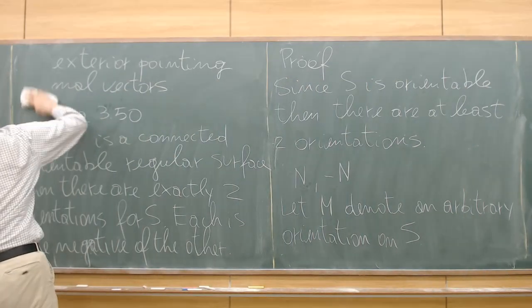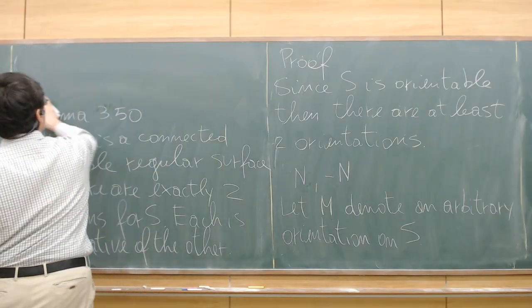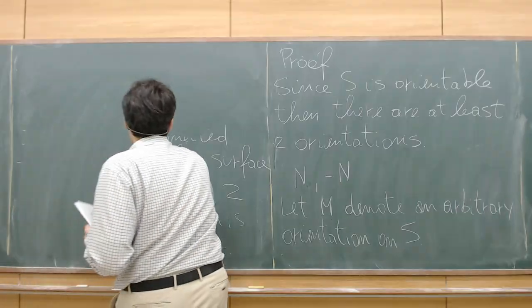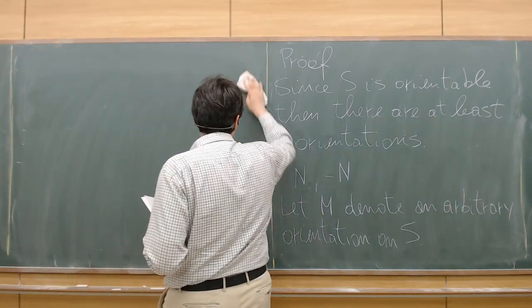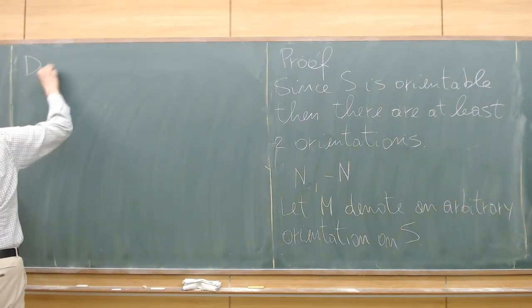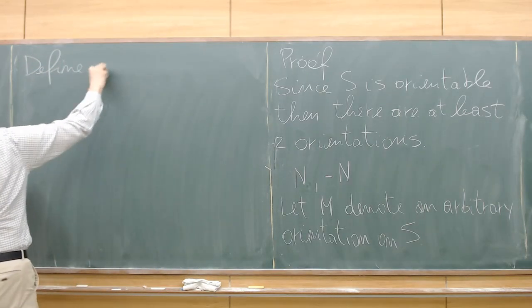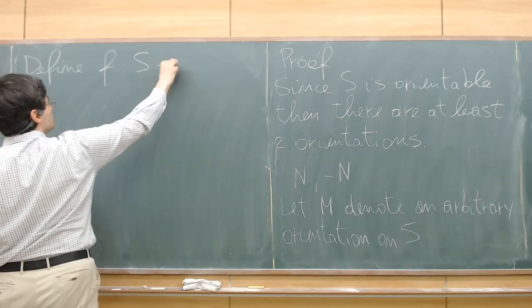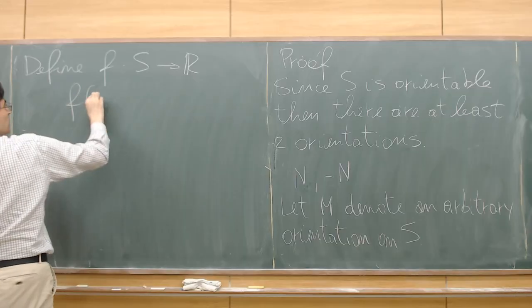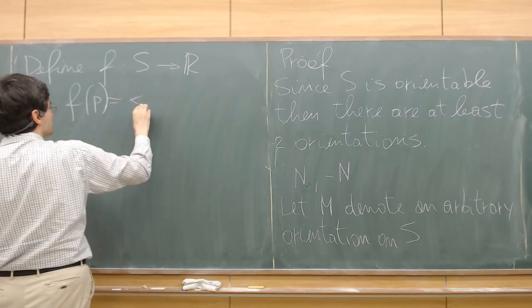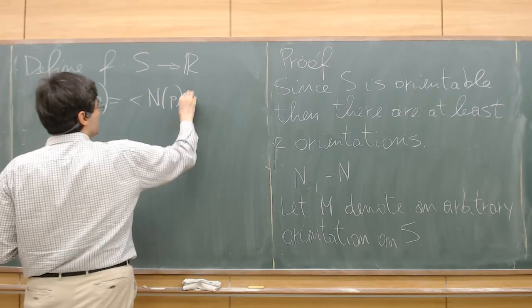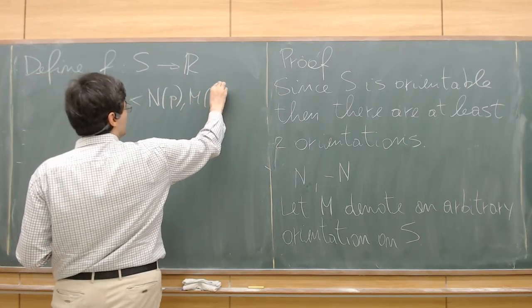In order to do this, we introduce an auxiliary function on S with values in R, given by the following formula. F of P is the inner product of N_P and M_P.